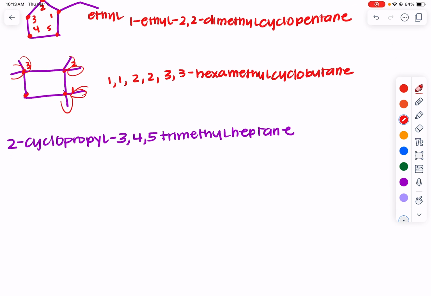Okay, and then our last one, just drawing it, we have just a normal alkane. 1, 2, 3, 4, 5, 6. 1, 2, 3, 4, 5. 1, 2, 3, 4, 5, 6, 7. At carbon number 2, I'm gonna go left to right. At carbon number 2, there is a cyclopropyl group, which means we have a 3-membered ring.